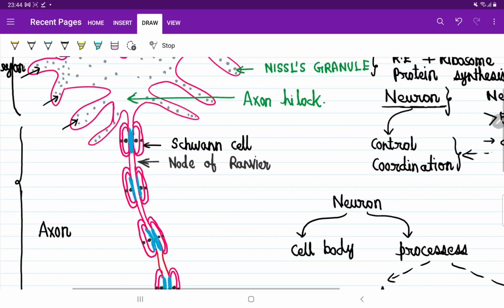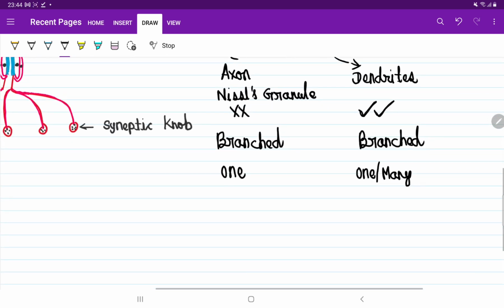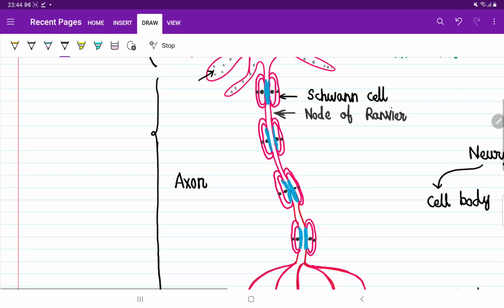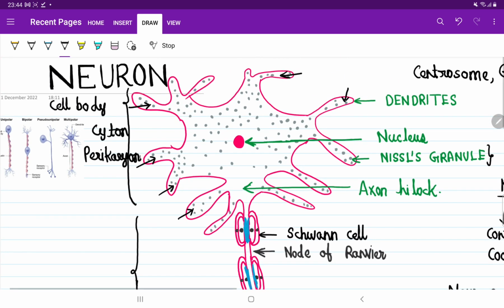So what is the function of dendrite? They collect stimulus from the surrounding. After collecting all kinds of stimulus from the surrounding, that stimulus will come to the cell body portion and the cell body will generate nerve impulse.